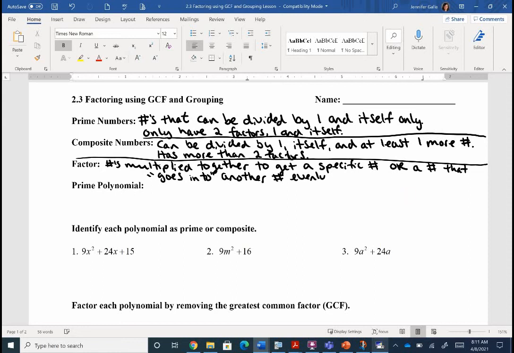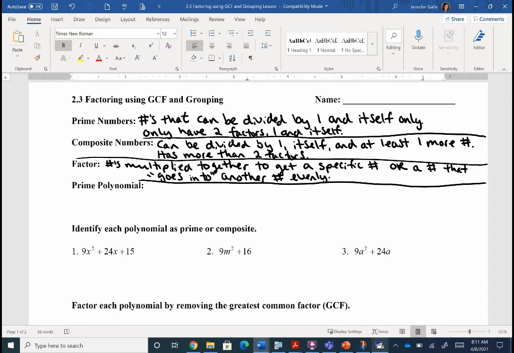Now, when I use that phrase goes into, I know that's typically the more basic way to say division, or it divides evenly. So factors we can look at from, again, two different standpoints. The multiplication piece, if we multiply two numbers together, those are factors. Or if a number can go into another number evenly, those are also factors.